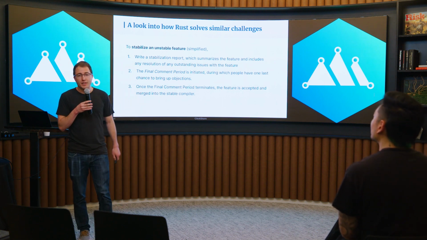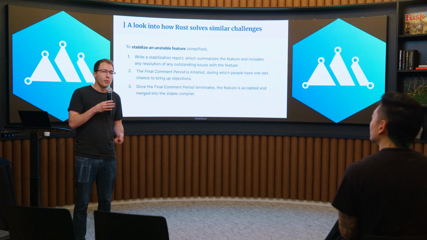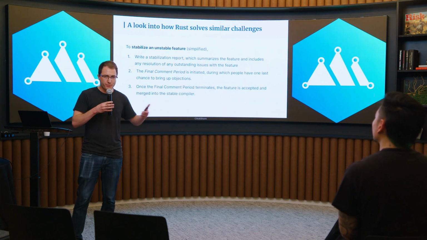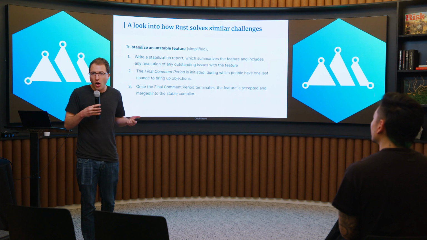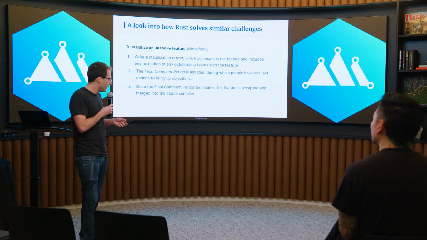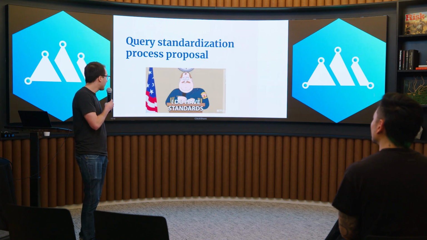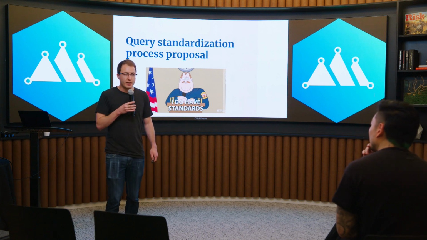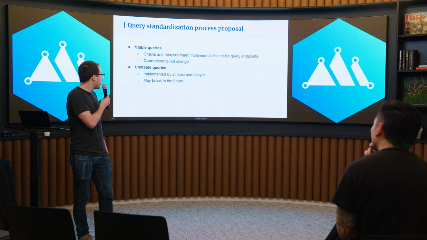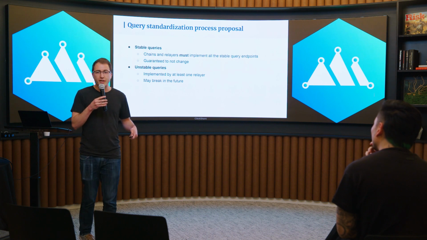There's no magic there. It's really just a process that formalizes the experimentation phase that we all know is going to happen. So yeah, let's try and bring that to IBC. It's basically the same process. So we would have stable queries and unstable queries.